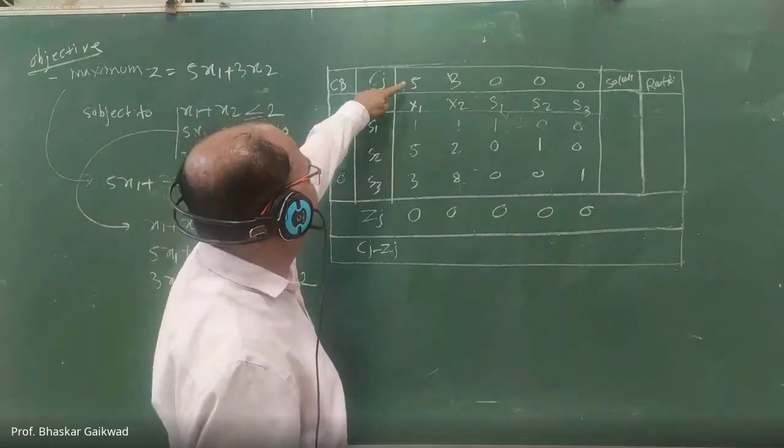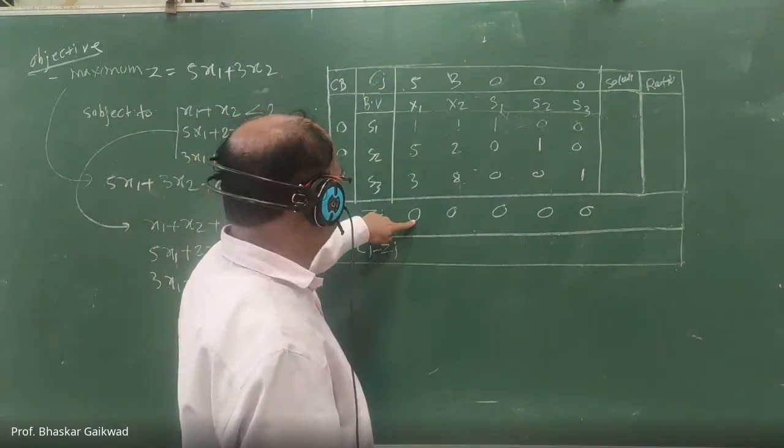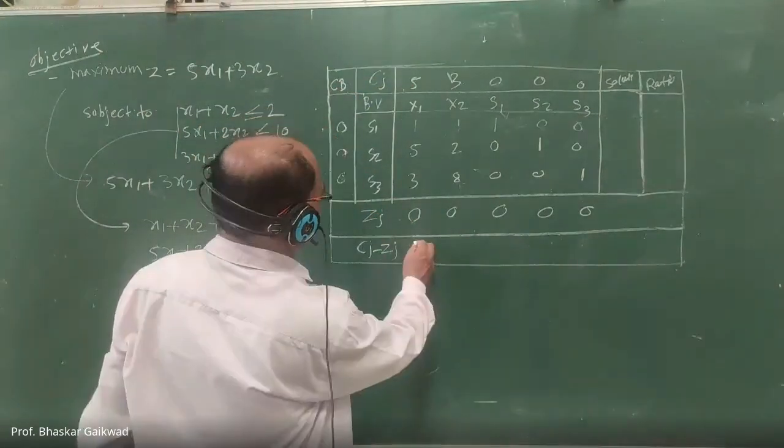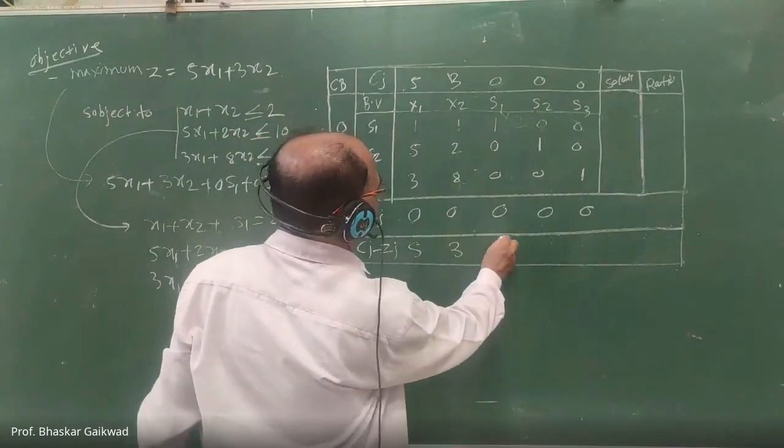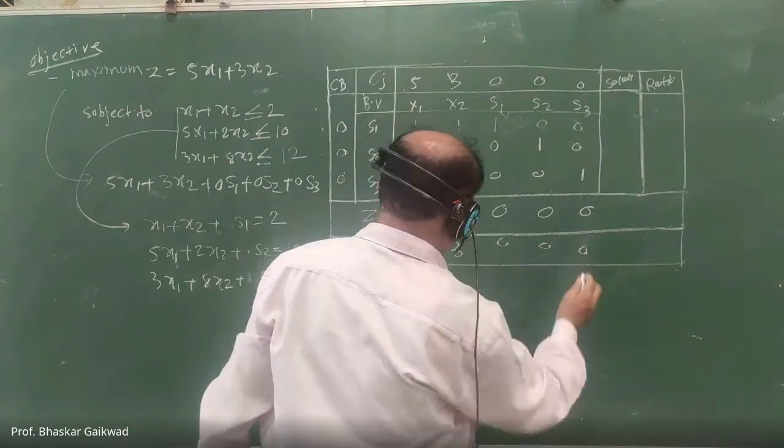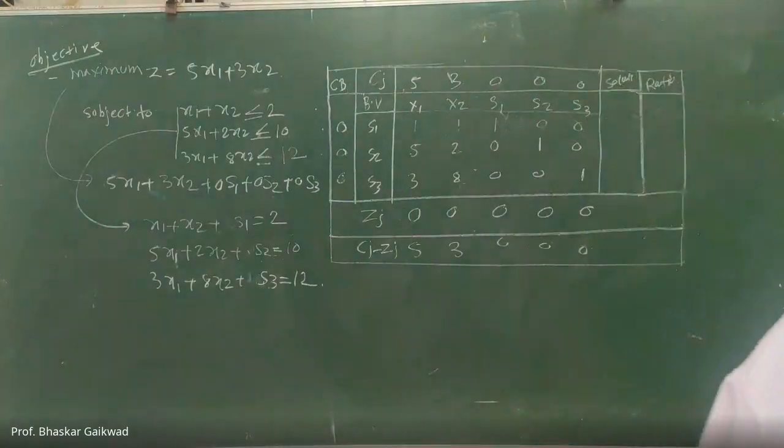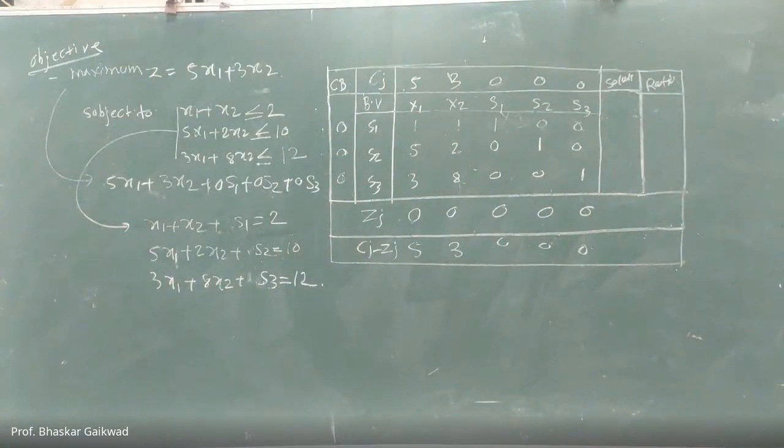What is Cj here? 5. What is here? 0. So here it is 5, 3, 0, 0, 0. Correct? Now what is the next step? Tell me the next step.